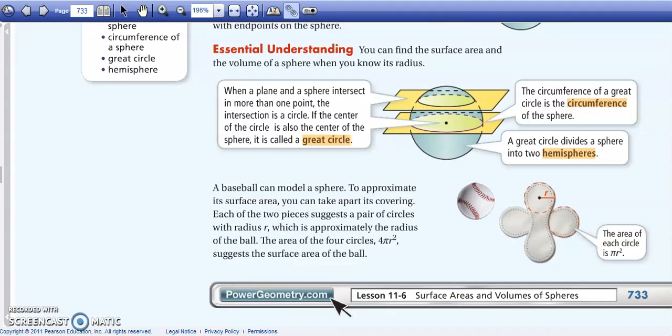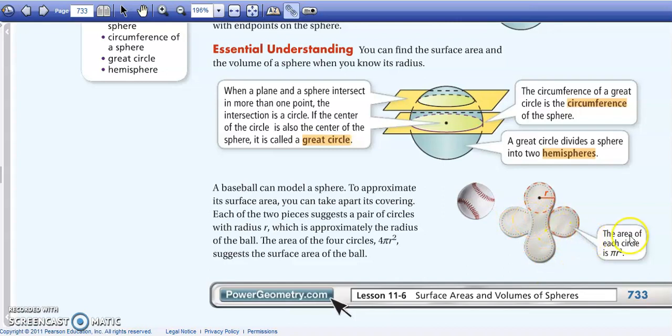Now, if we look at a baseball, you can see the union of the two parts of the cover. We have 4 circles at the end.